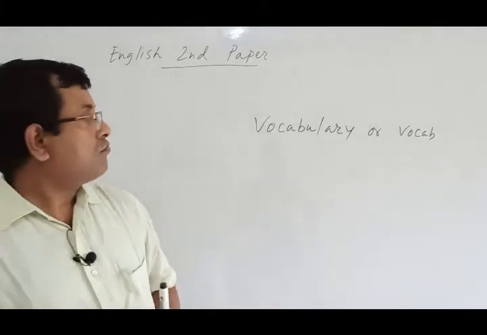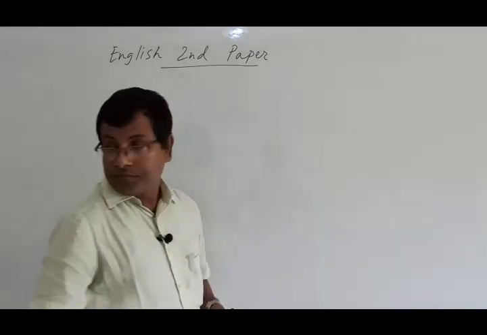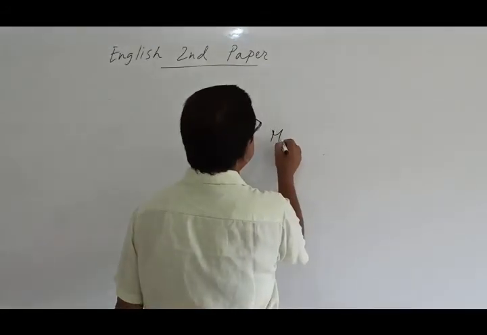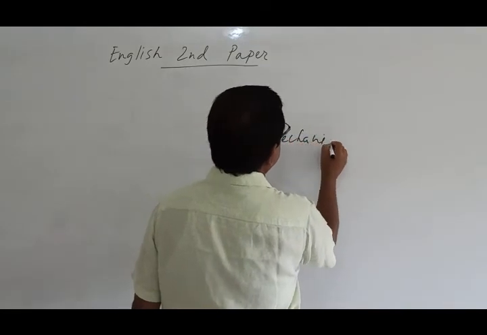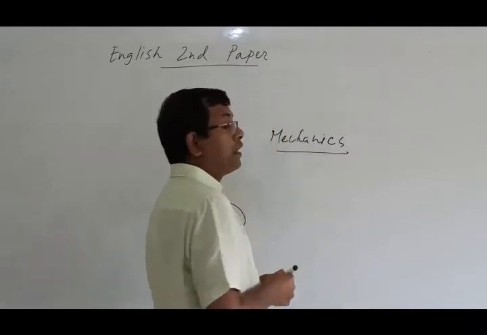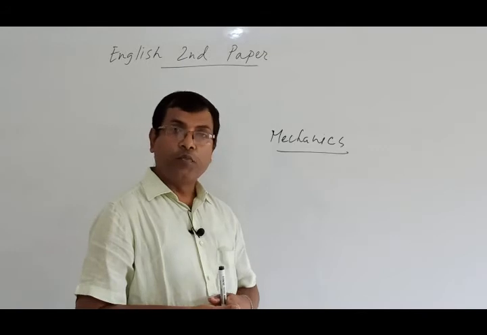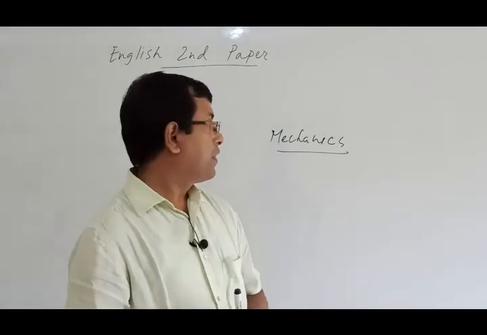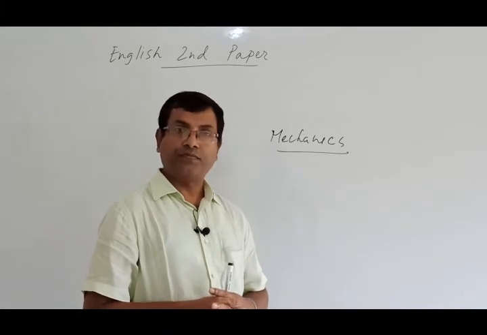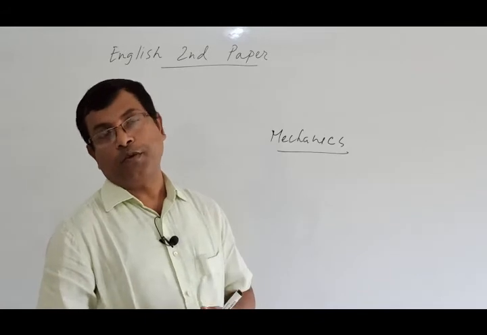And last of all, mechanics. And what is mechanics? It is also another important subskill of standard writing. Mechanics means the use of capital letters or punctuation. Suppose you have maintained all other subskills of good writing.